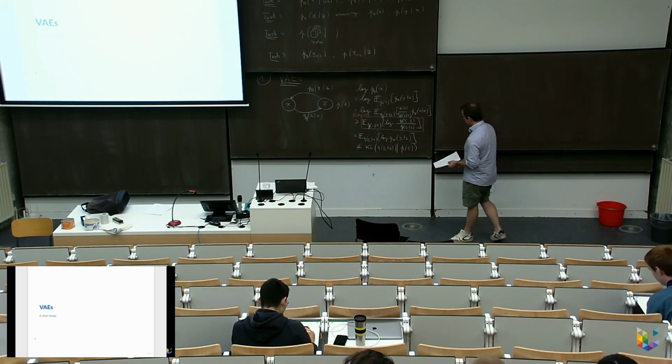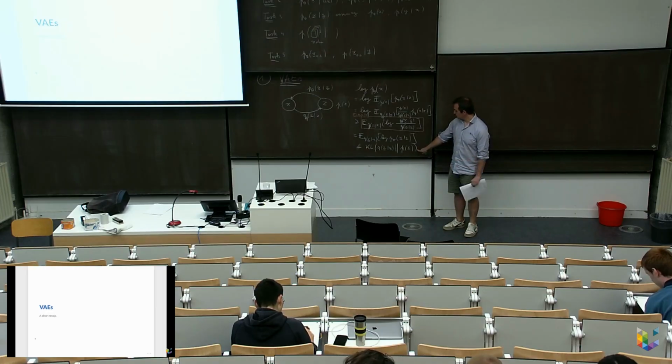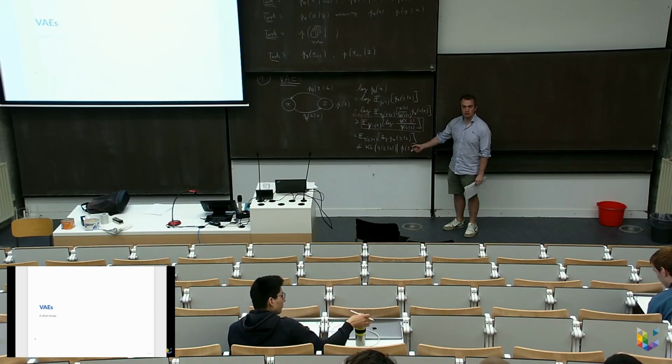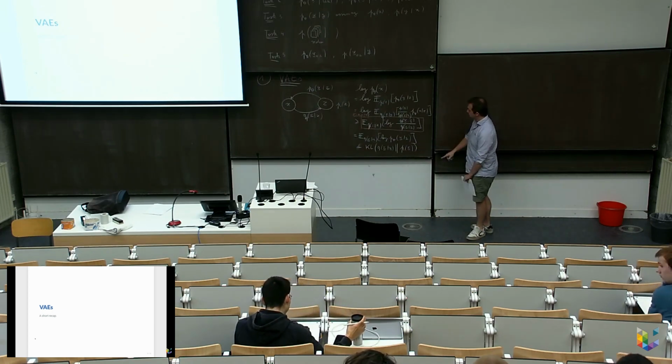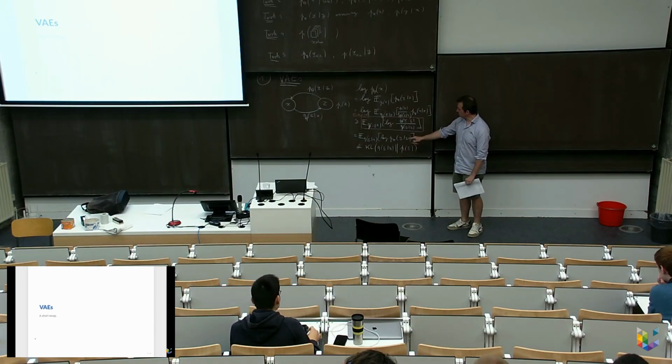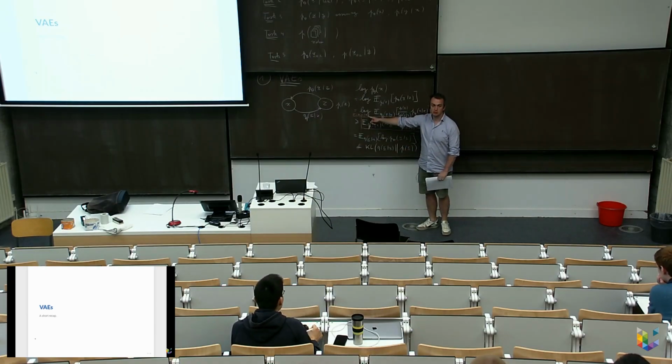I've just mentioned that this is a term which needs to remain close to the prior, but it actually tells us also the reason why regular VAEs do not work very well, and I will show you why. The objective is not exactly this one, it's the expectation of the ELBO over the data set.